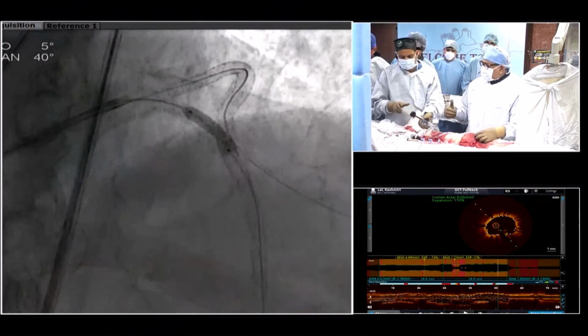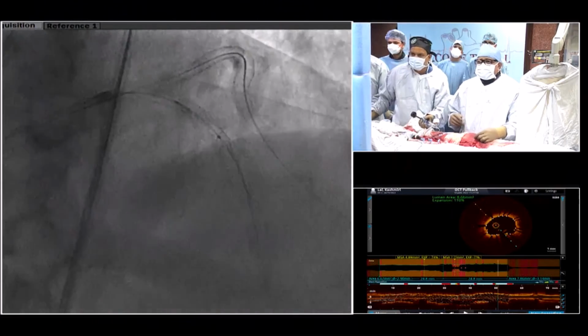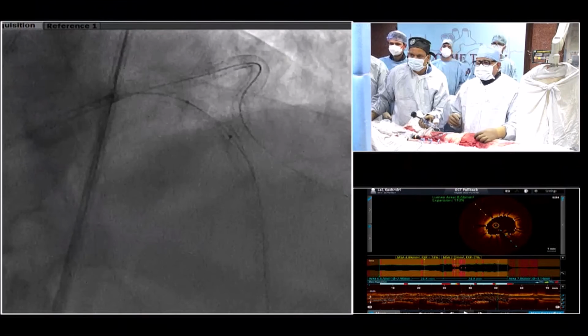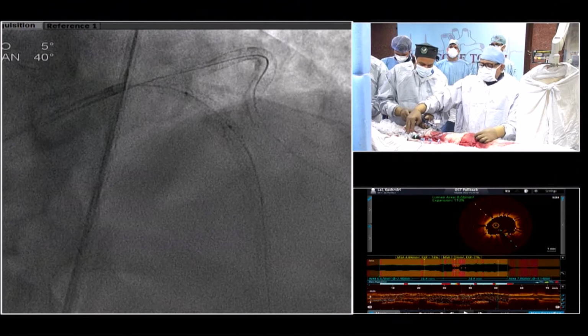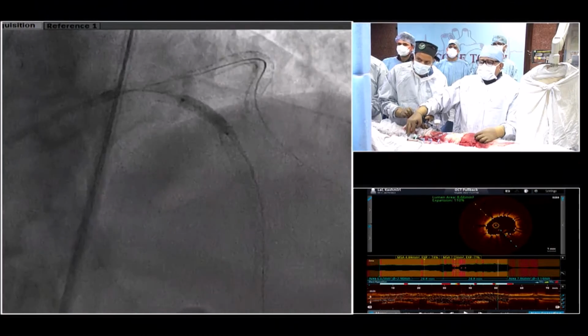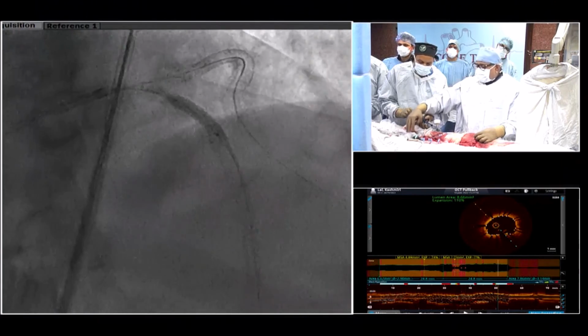Negative. 1 cycle is left. So go 4 and 6. So Rajesh, this is also the last cycle across the LAD. Negative.